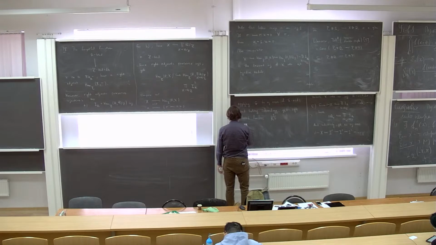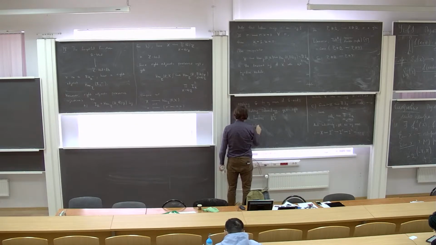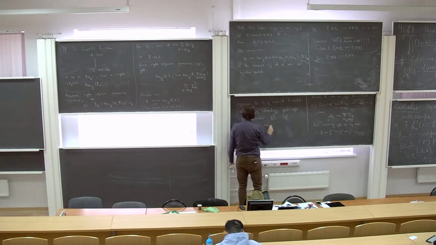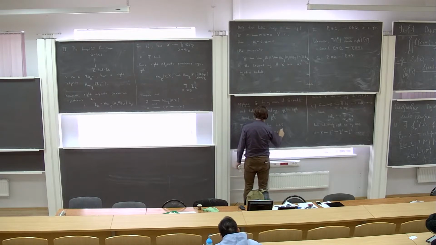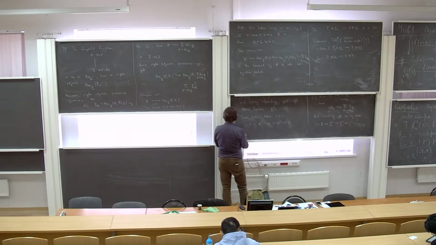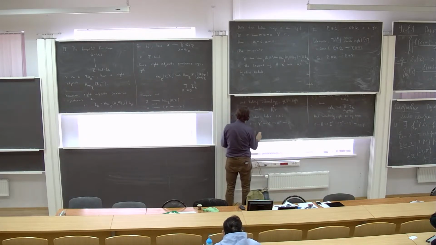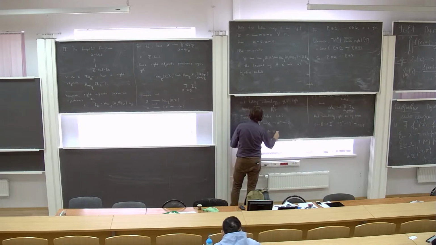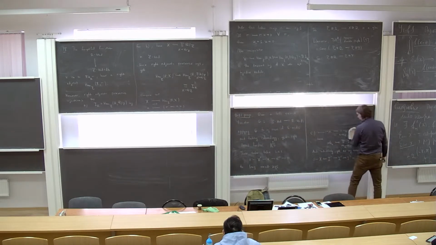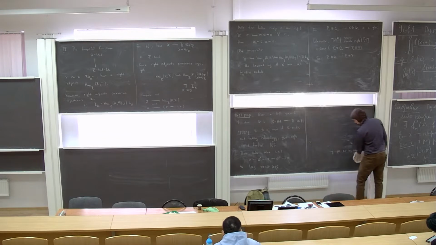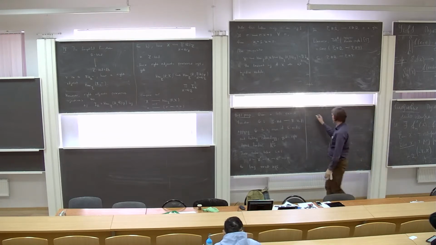So these take short exact sequences. If I have a short exact sequence of this form, I get a long exact sequence. So what does it look like? It starts out as G. Remember, G is left exact, so it will start out with a left exact bit.